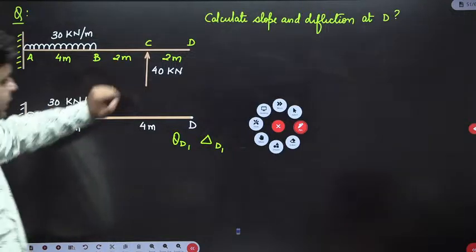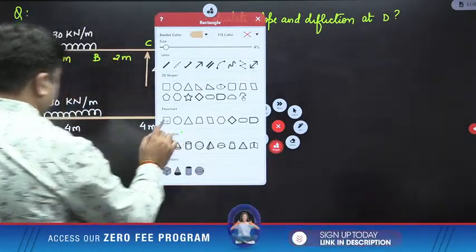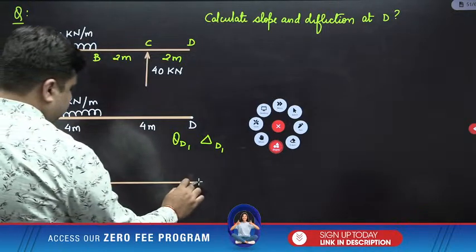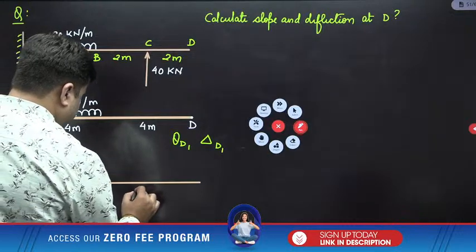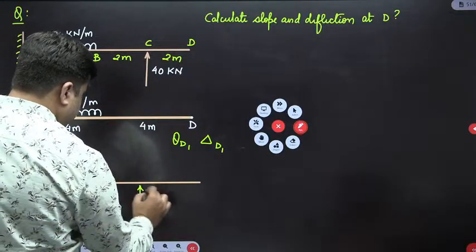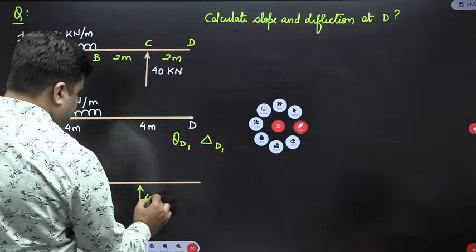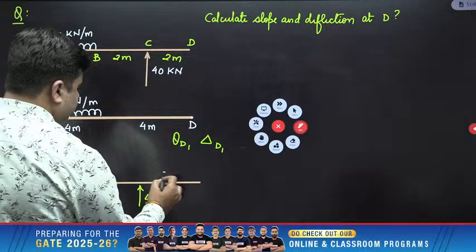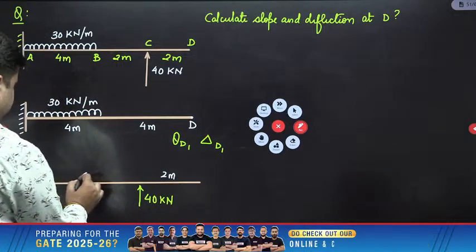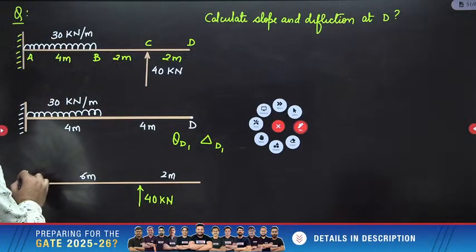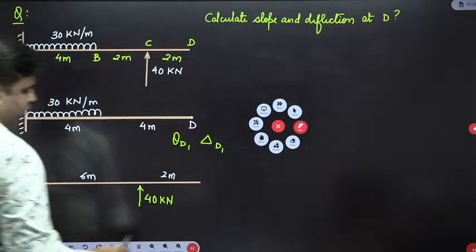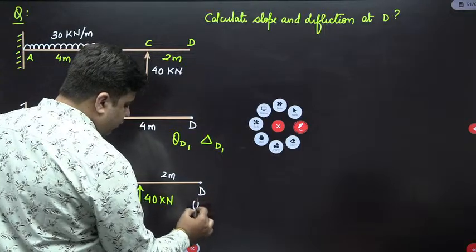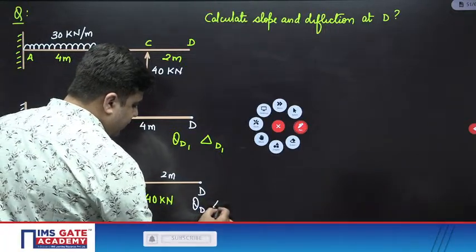Then you apply the second load only. The second load is acting like this. This is 40 kilonewton. This is 2 meters and this is 6 meters. Due to this second load, again at this point D, calculate the value of theta D2 and delta D2.